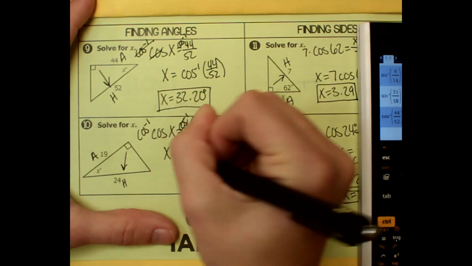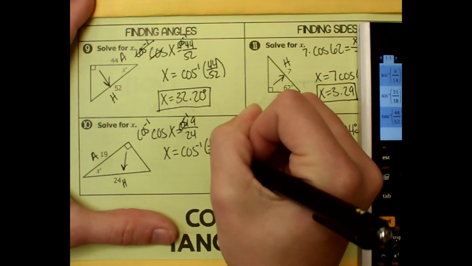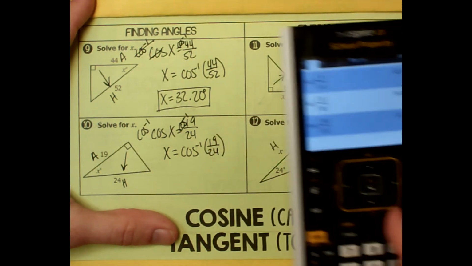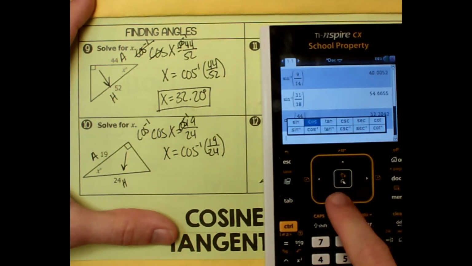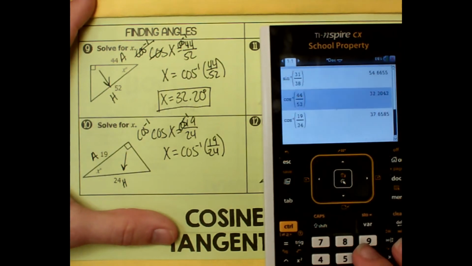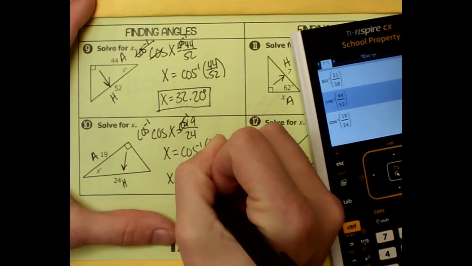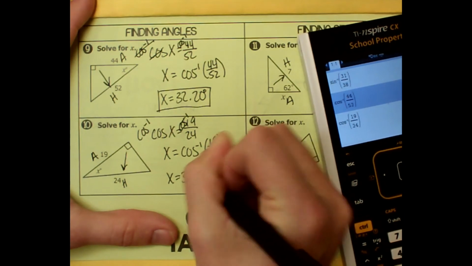So x is equal to the inverse cosine of 19 divided by 24. When you take that, you get 37.6585. So that is 37.66 degrees.